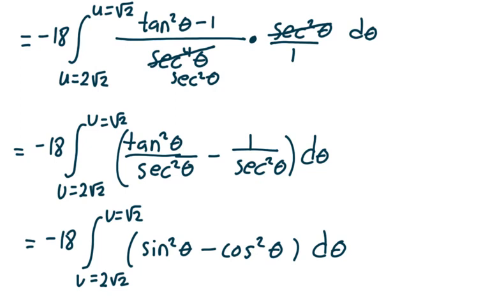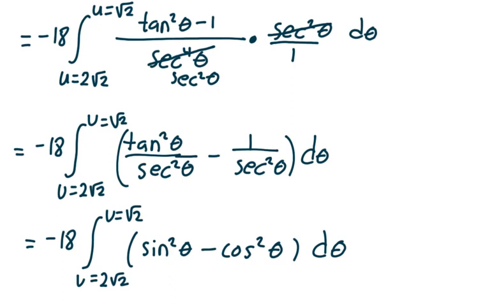And then I'm going to split the fraction. So on the next line, I'm going to write this as negative 18 times the integral from u equal 2 root 2 to u equals root 2 of tangent squared theta over secant squared theta minus 1 over secant squared theta d theta.